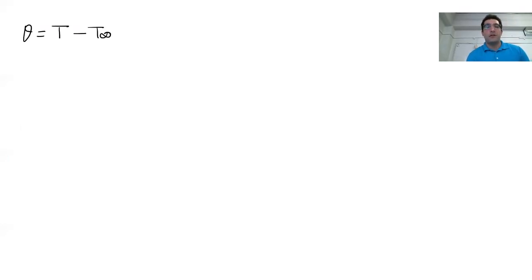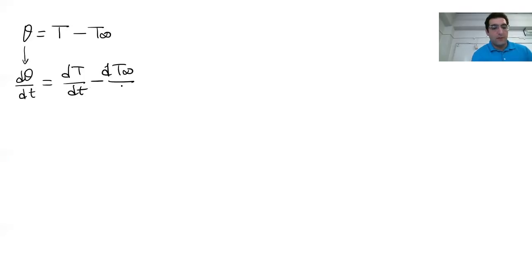We also discussed in class a few sessions ago that if theta is defined as T minus T infinity, where T infinity is constant, a fixed temperature of the liquid, then the derivative of theta with respect to time is going to be dT over d time minus dT infinity over d time.